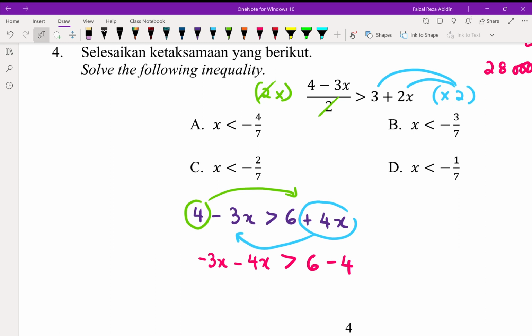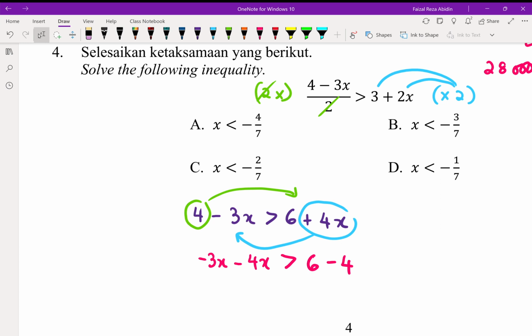Over here, you will get 7x, isn't it? Yes. How come 7x? Negative 7. Not negative and negative positive ke, sir? Ayo. Okay. Negative 3x, negative 4x, you are going to get negative 7x.